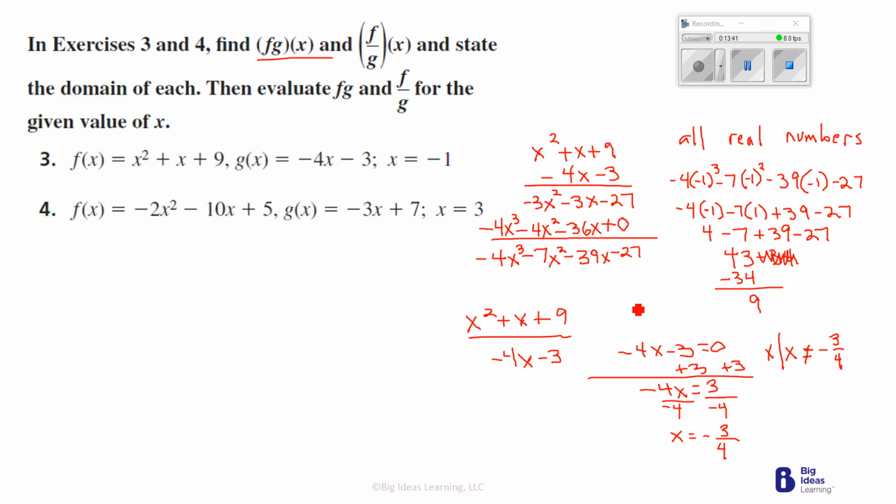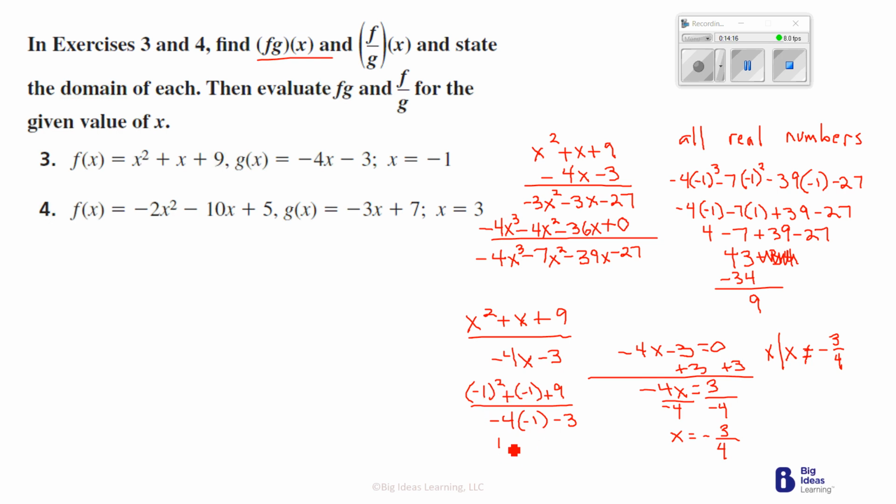Okay, now let's work this one out using negative 1. If I did, that's going to be negative 1 squared plus negative 1 plus 9, over negative 4 times negative 1 minus 3. Okay, so negative 1 squared is just 1, because a negative times a negative is a positive.